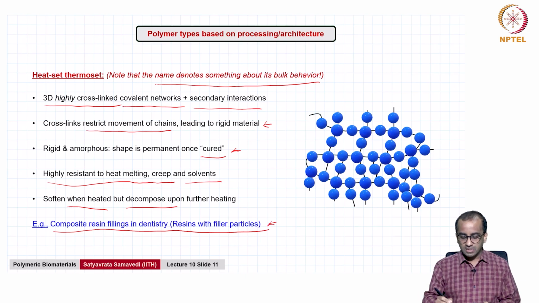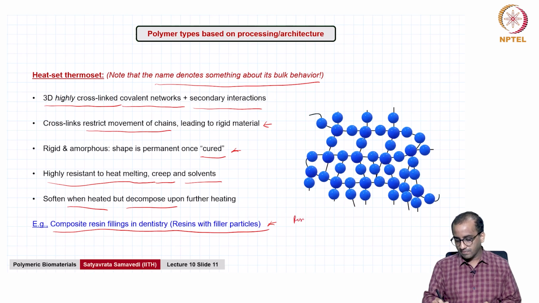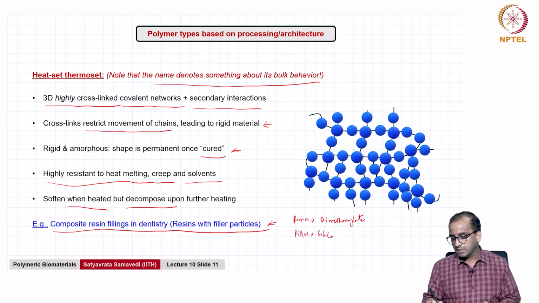One example of that is this idea of using them as composite resin fillings in dentistry, where you have a resin with filler particles, and typically the resin is a dimethacrylate and the filler is typically silica or some kind of ceramic, zirconia for example, for improving the wear resistance, because these are used in dental applications.